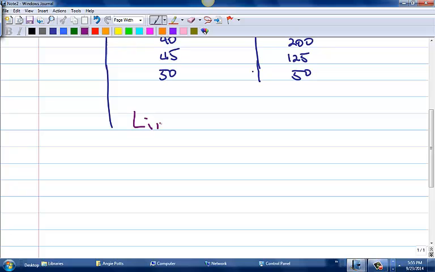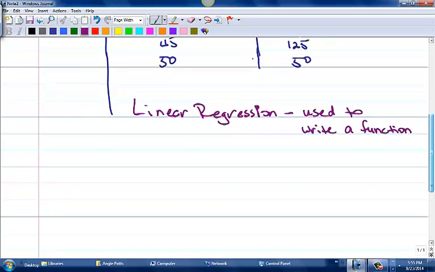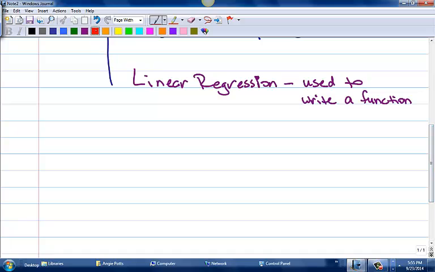So, linear regression. It's used to write the equation, or write the function based on a set of data points. The steps to actually do this are these.